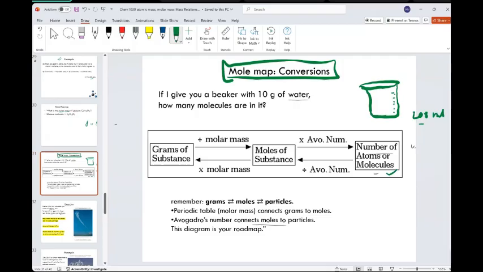So what we do here, we need to use that mole map conversion. That means we have a given mass, 10 gram of water. We need to convert that into what? Molar mass. Okay? So our given mass convert to molar mass then convert to number of molecules.